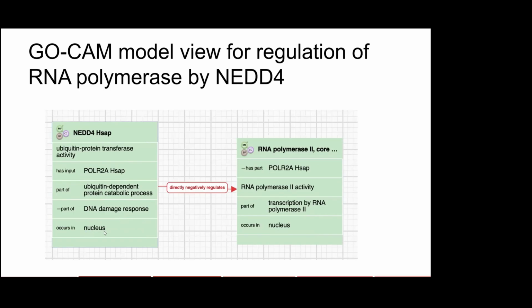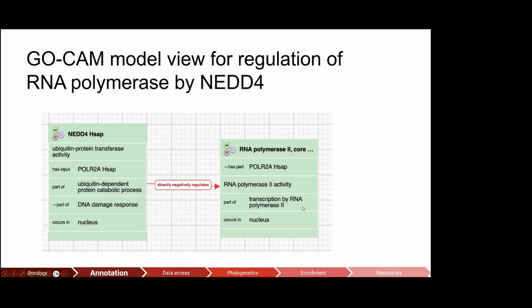So GO-CAM is a really good way to put some context in the standard GO annotation. And this activity directly negatively regulates polymerase 2, which has the RNA polymerase 2 activity, which is part of transcription by RNA polymerase 2. It directly negatively regulates because it sends it to the proteasome where it degrades it. So that's a short example of a GO-CAM model.